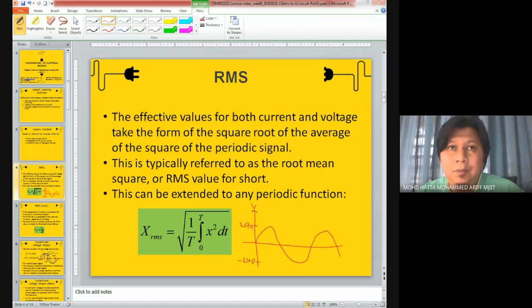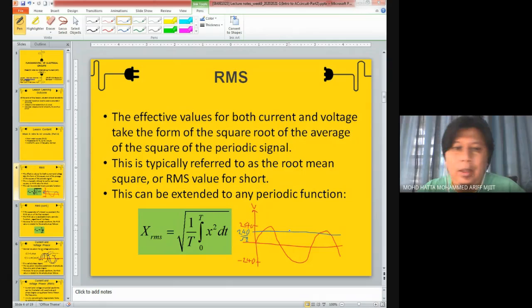And if you put a multimeter or an AC voltmeter across live and neutral, you cannot get this 240, because the voltmeter actually gives you the effective value, the constant value, of your AC voltage. The effective value of AC voltage is slightly lower than that, and it is given by 240 divided by square root of 2. So this is the effective value.